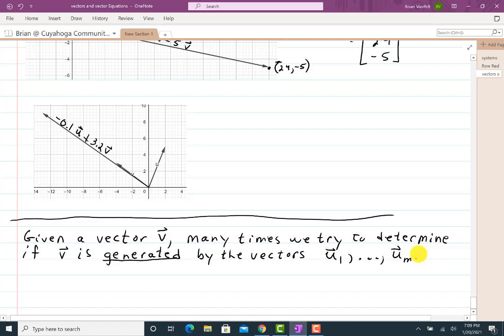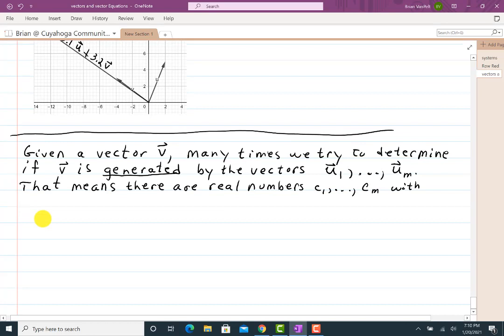So what does it mean to be generated by those vectors? That means there are real numbers or scalars C1 up to Cm with V equal to the linear combination of the U's, using those weights, if you will. Whenever I think I need a little more info, I'll fill in more before I put my 3 dots.